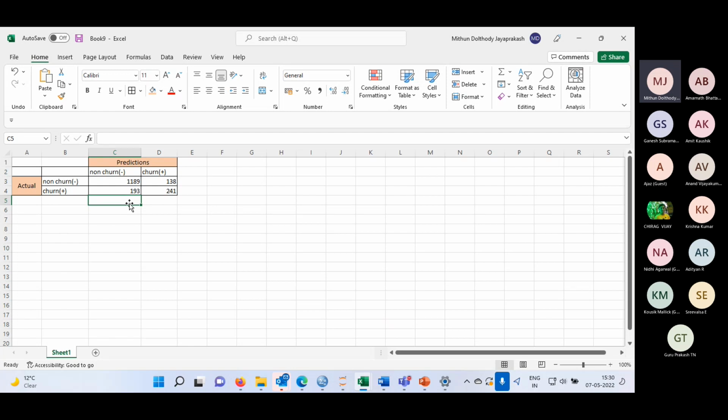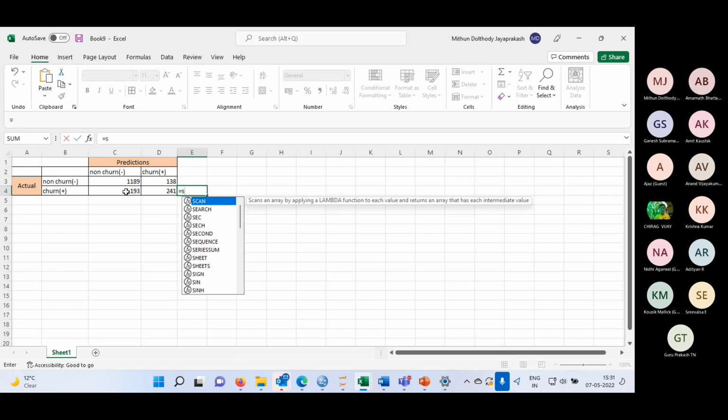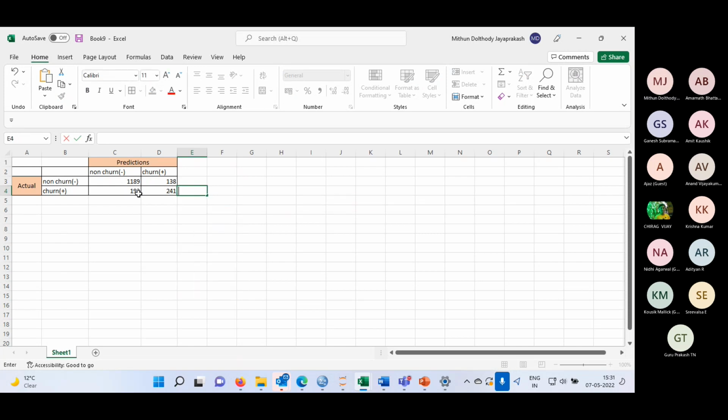Now, can you see this number? Actually, can I add up these rows basically? Can I add up the row and get the row total? Just get the sum of these two things, right?